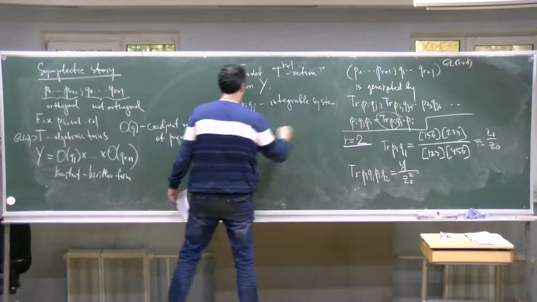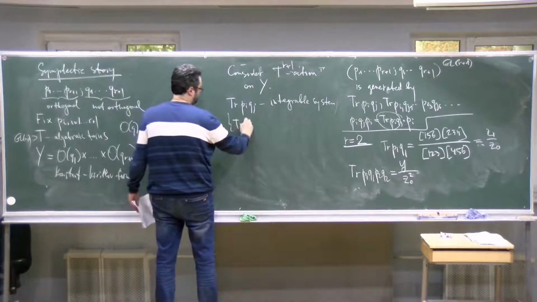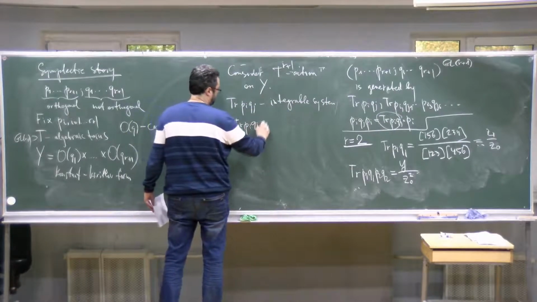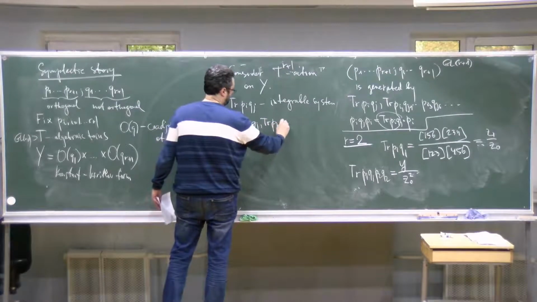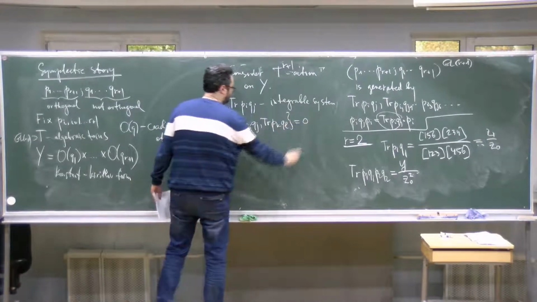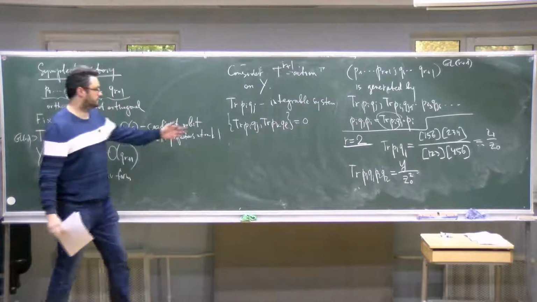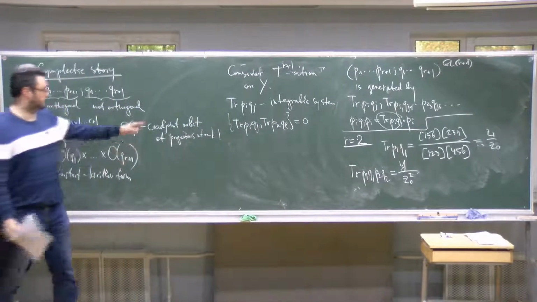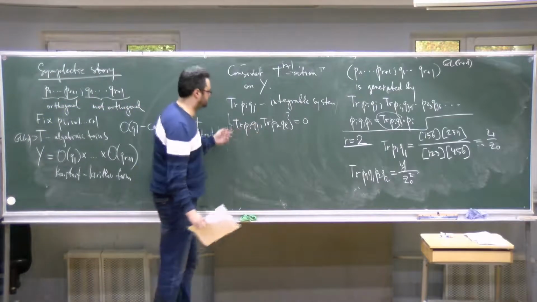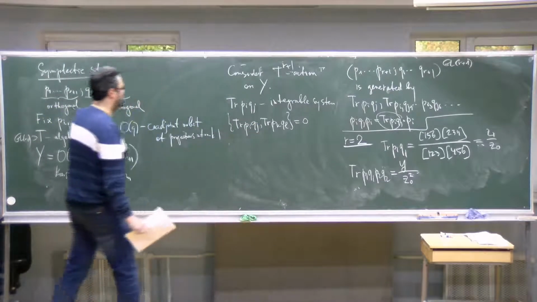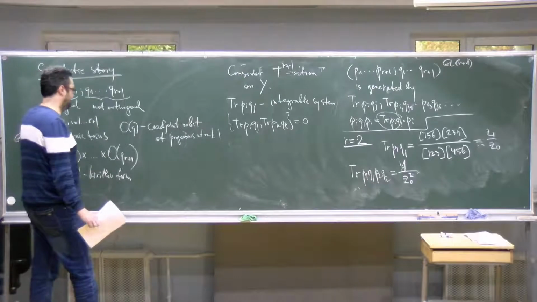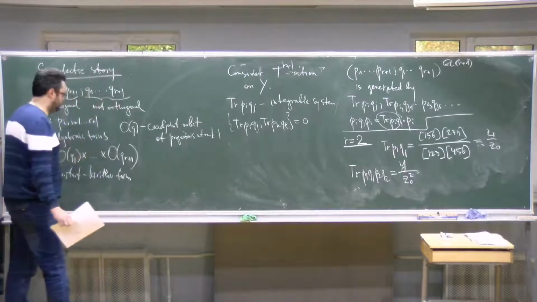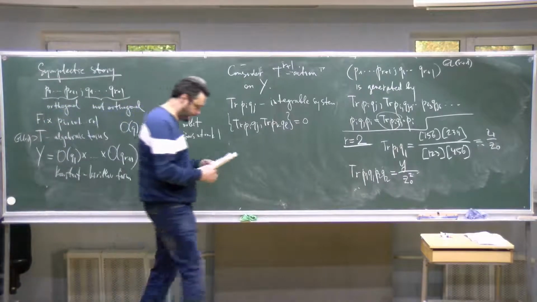It means that the Poisson bracket of these two functions is 0. These functions are in involution with respect to the standard Poisson structure on this symplectic variety.